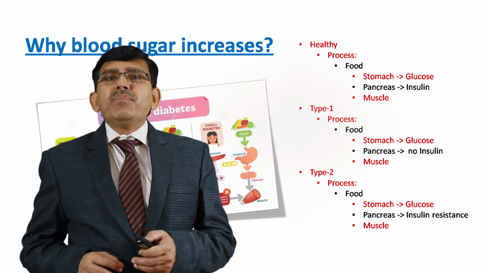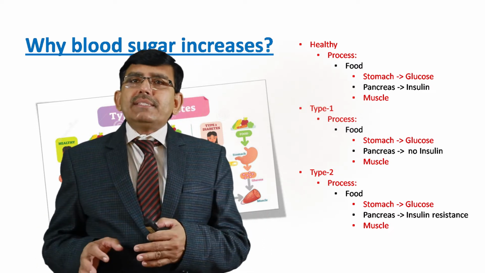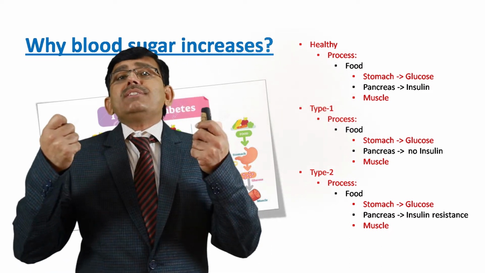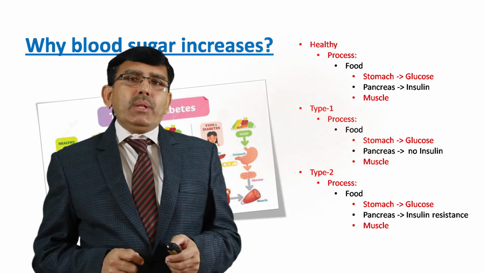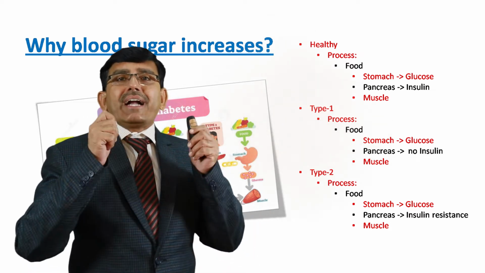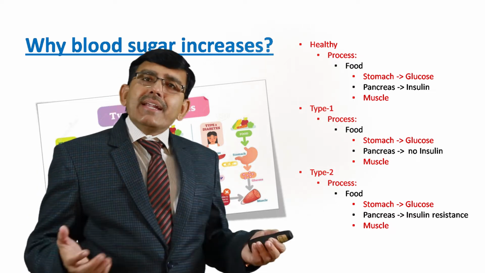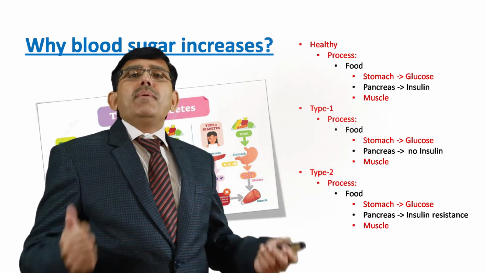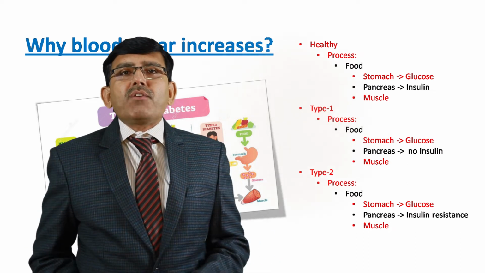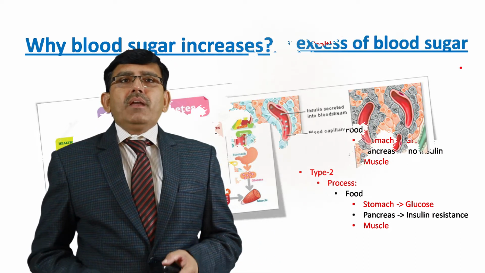In type 2, in the whole process, insulin resistance starts. The body is not able to react with the insulin, cannot recognize the insulin, and hence ultimately muscles or cells do not get the energy required to take action.